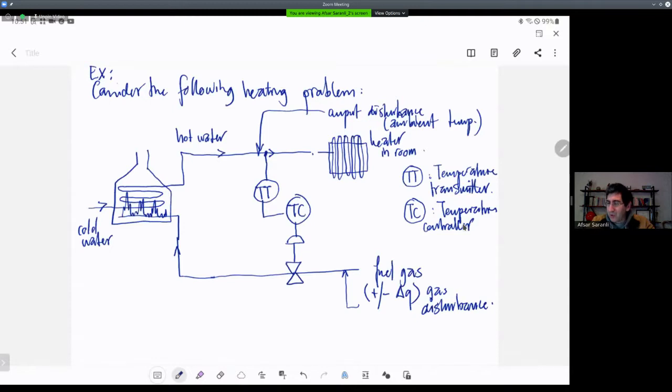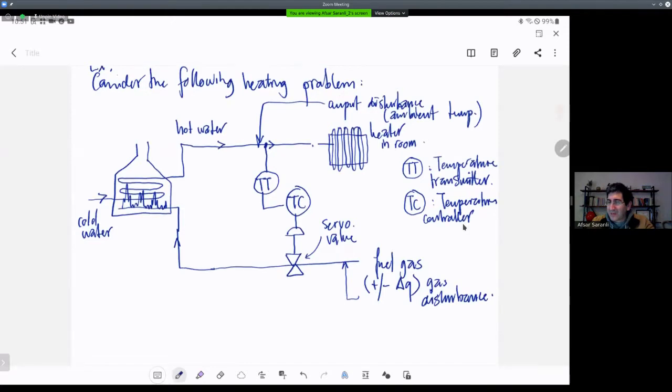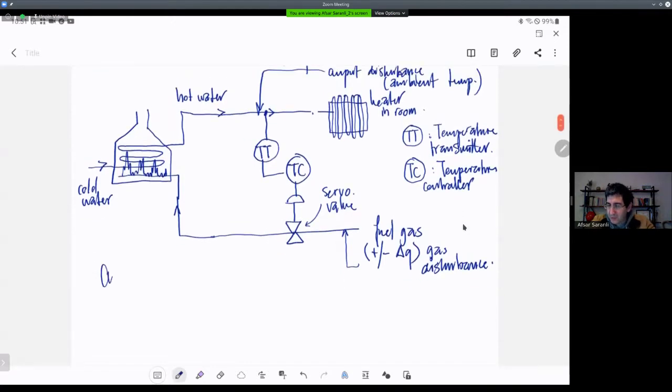Okay, so this is a valve. Okay, so it's a servo valve because what's happening is that the temperature controller drives the valve. So there is a change in the aperture in the valve. Okay, so this is our classical architecture, right? Our, we can call this a single loop control architecture.